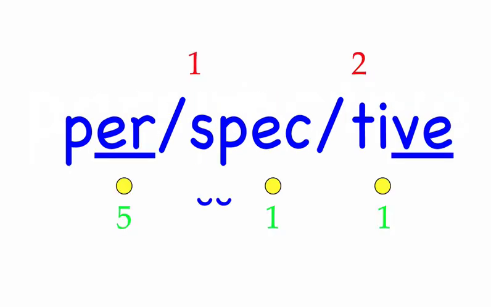Mark the word. Perspective. And of course, SP here is indicated with half circles under the S and the P because it's a blend. We need to make sure they remain together in the same syllable. So we count SP as a unit of 1 between ER and E, and thus syllable rule 1 is in effect.